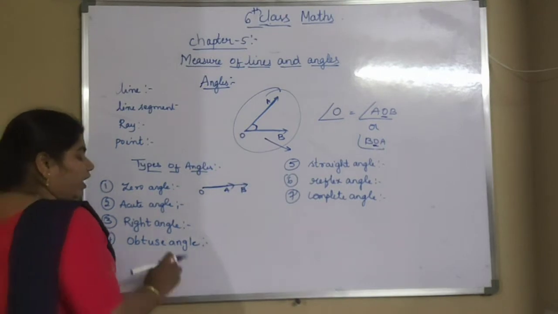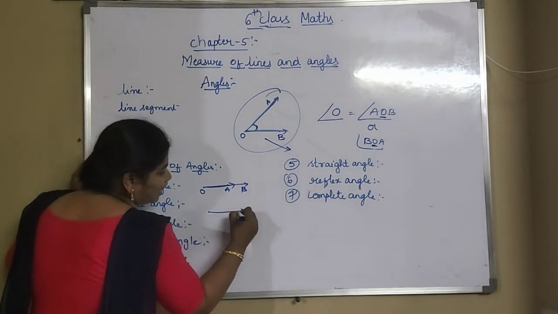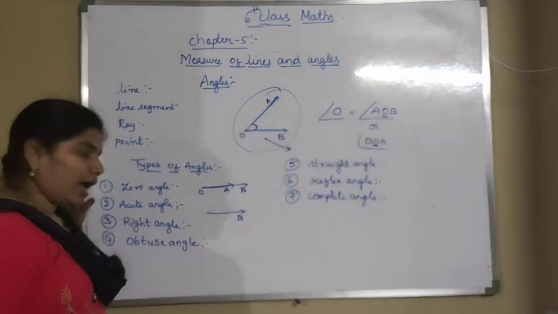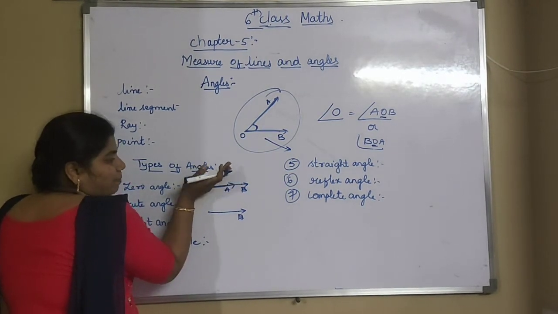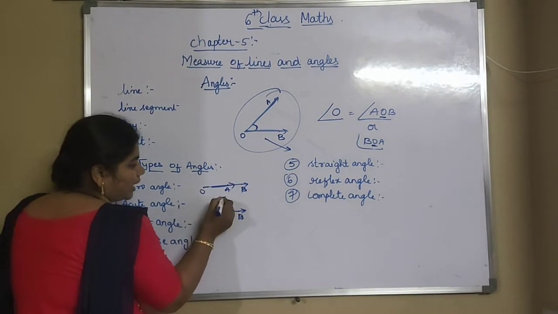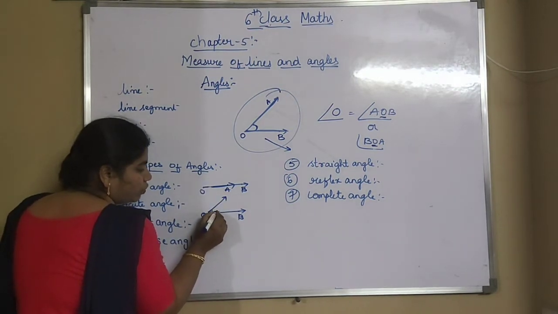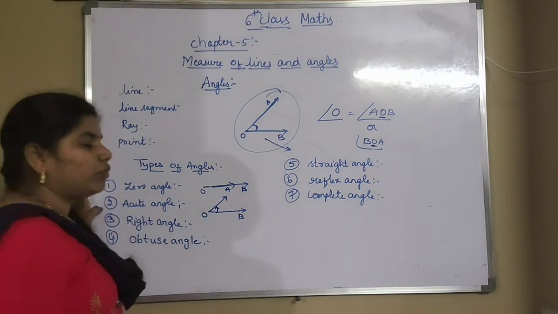Now acute angle. What do you mean by acute angle? Now B ray is like this. And this small ray has moved somewhat up. So it became like this. It has moved from here to here. So we call this angle as acute angle.